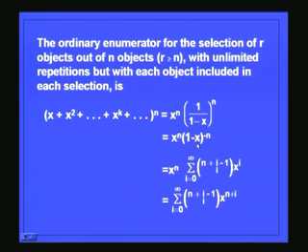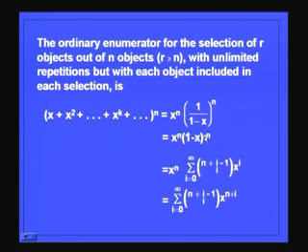This is the way you expand 1 minus x to the power of minus n. So, this will be sigma i equal to 0 to infinity of C(n plus i minus 1, i) x power n plus i, with unlimited repetition, where each object is selected at least once.